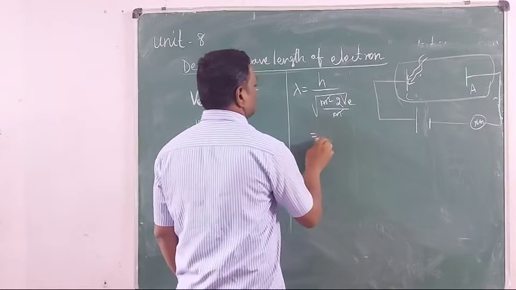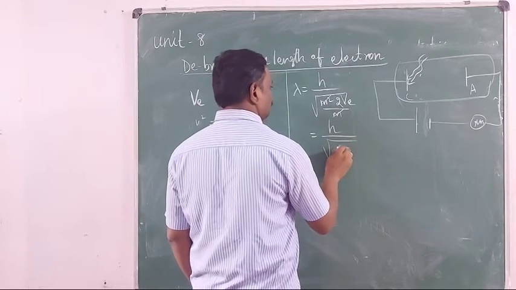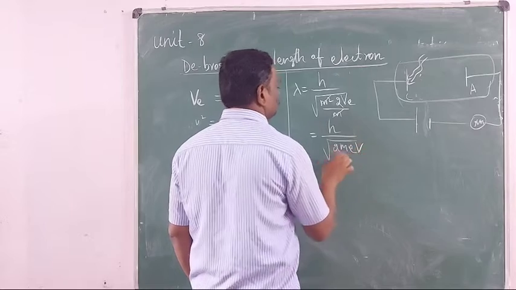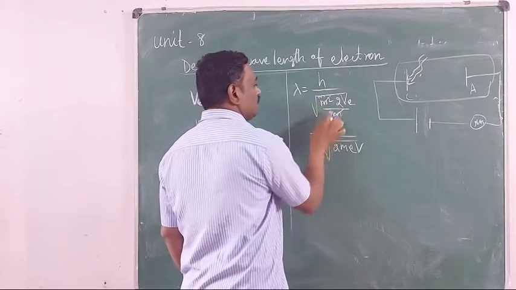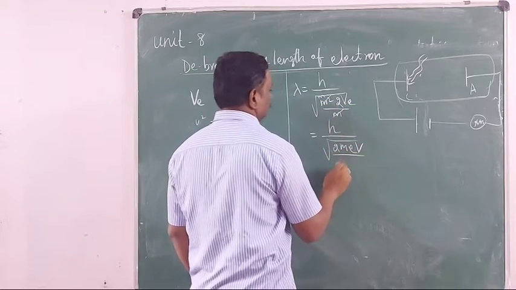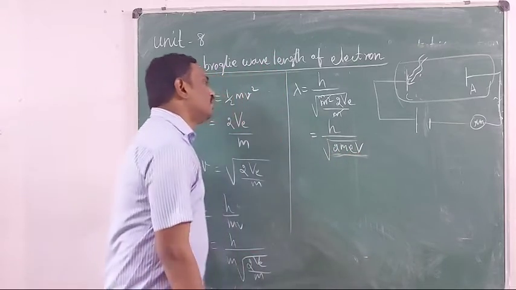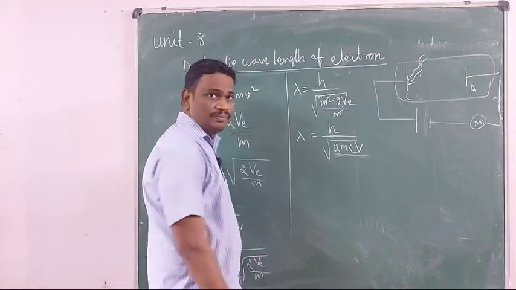So the remaining terms are h by root of 2mEV. So lambda is equal to h by root of 2mEV.